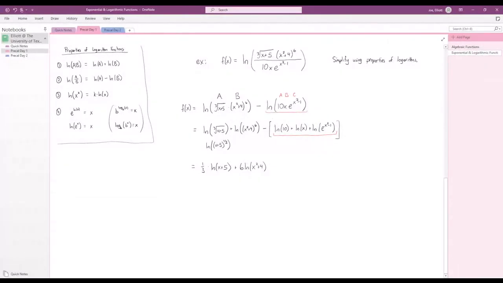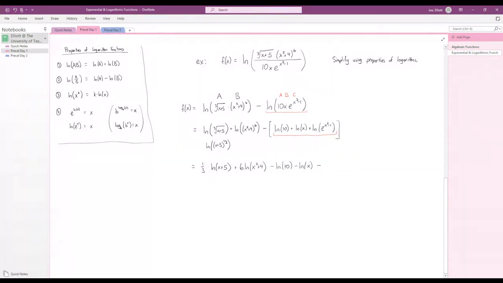Over here, if I distribute the minus into the brackets, we could do minus natural log of 10 minus natural log of x, and then minus, and here we have natural log of e to a power. For this term, we can use the property that when you have natural log of e to a power, the natural log and the e sort of cancel each other out.